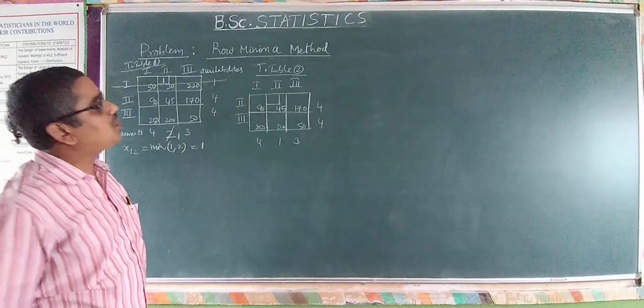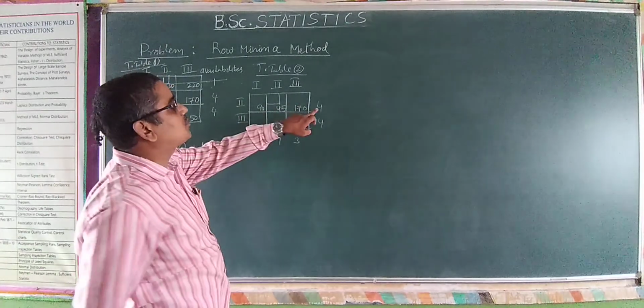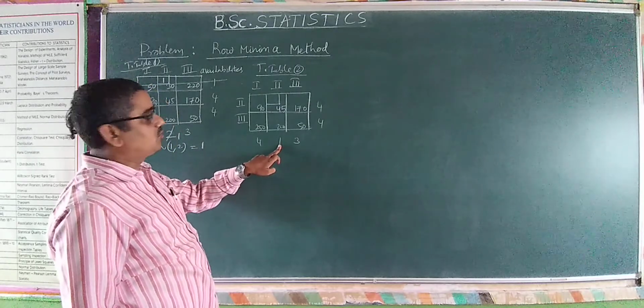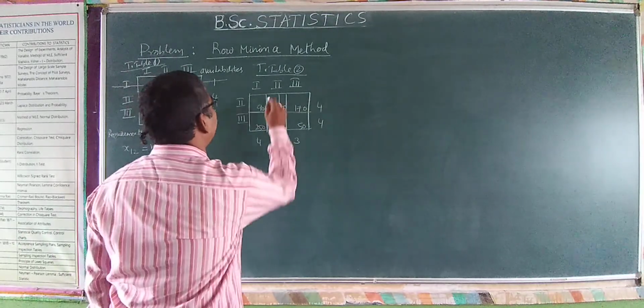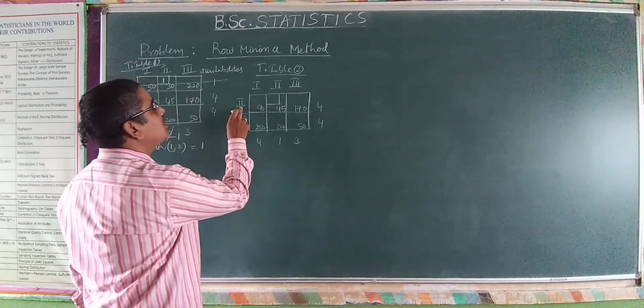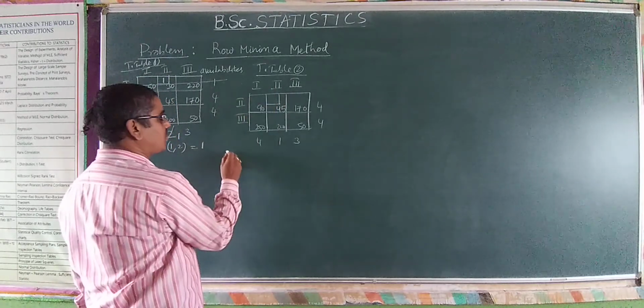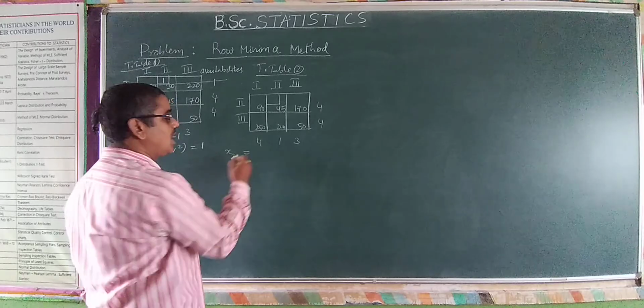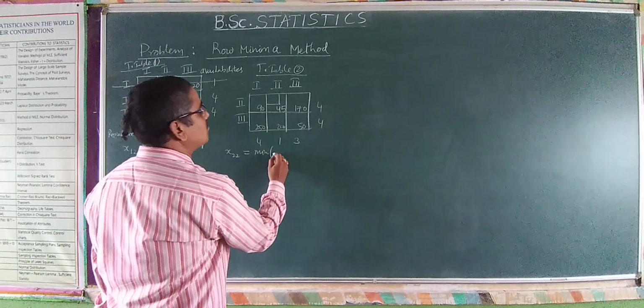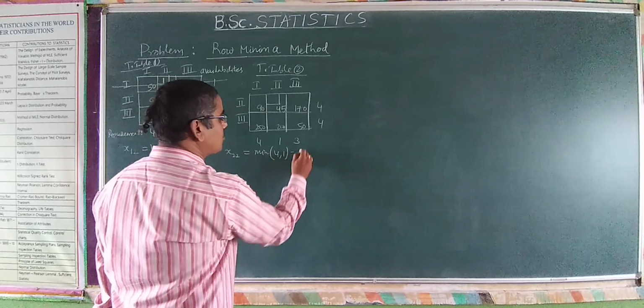The availability for this row is 4 and the requirement is 1, in the cell 2,2. So the allocation x2,2 is the minimum of 4 and 1, which is obviously 1.